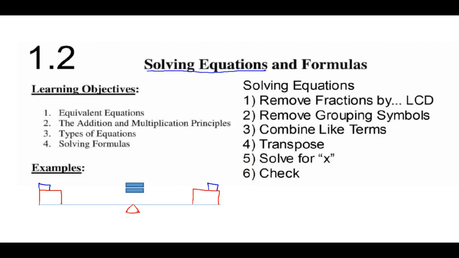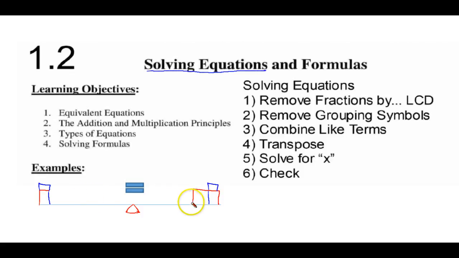So the rule is basically, if we take, let's say, our eraser, and let's make a little bit more of a line there, and I take away something from this side, that's not going to balance.